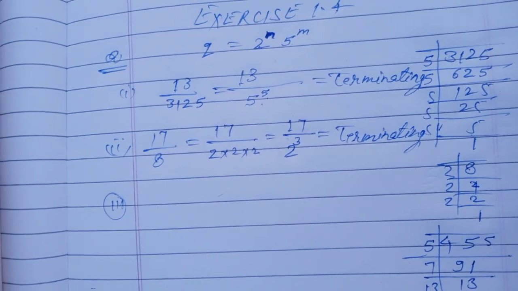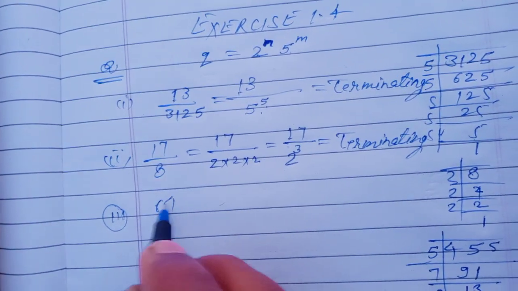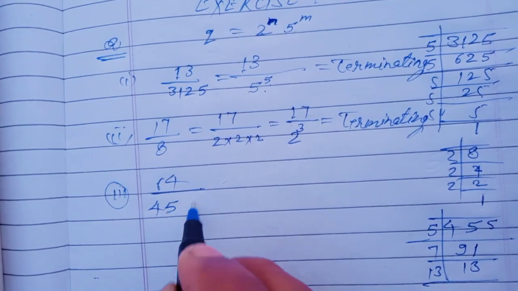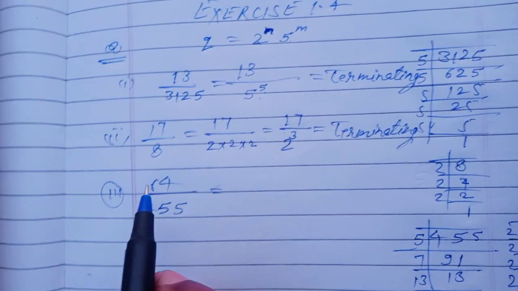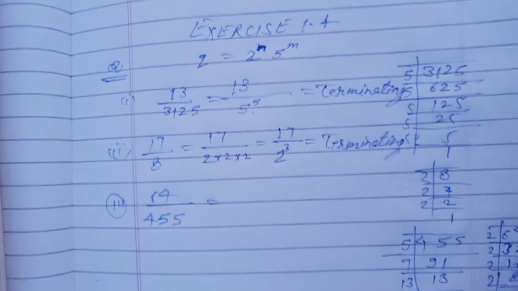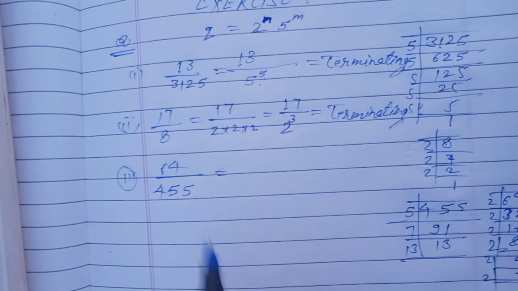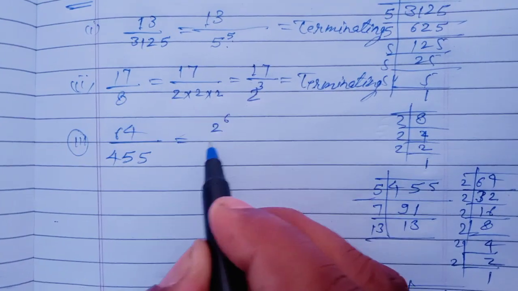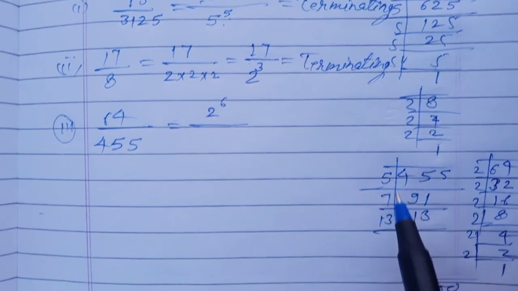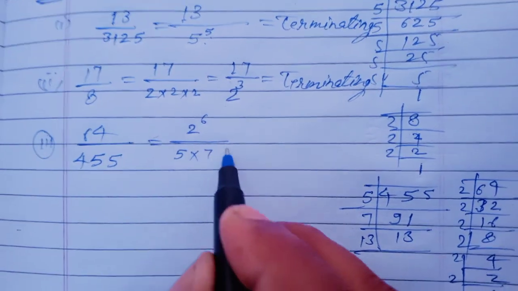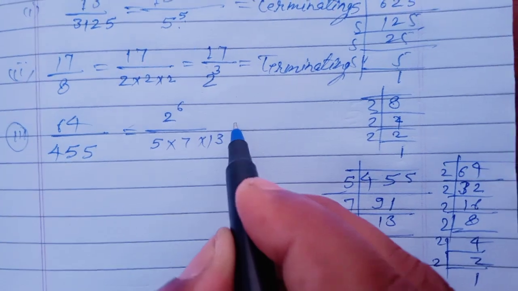Third, 64 by 455. Let's find the prime factorization of numerator and denominator. Prime factorization of the numerator is 2 power 6, and prime factorization of the denominator is 5 into 7 into 13.